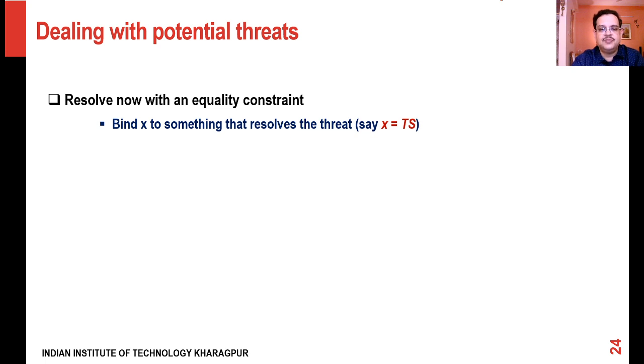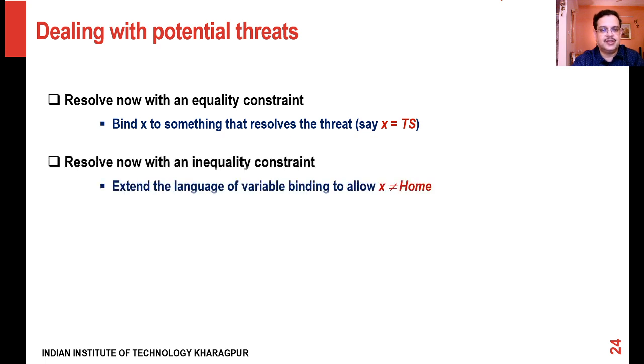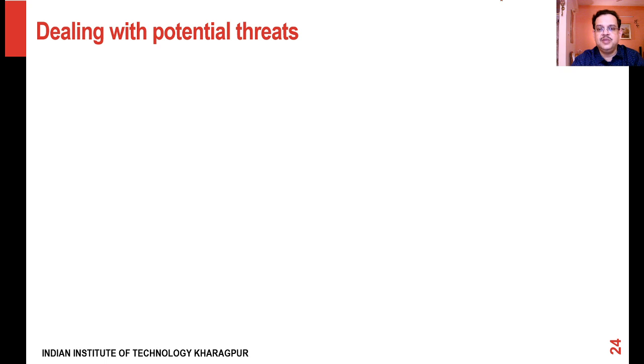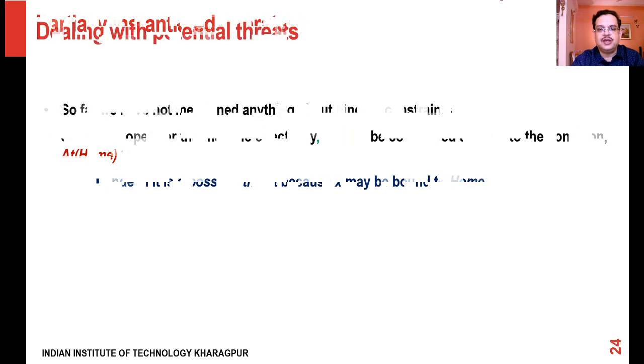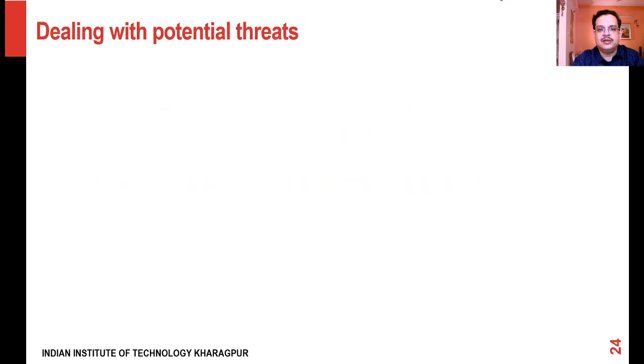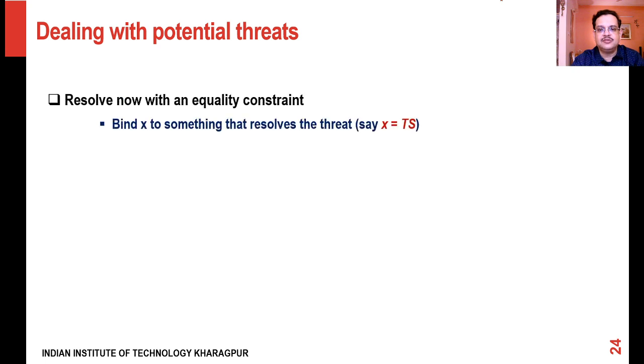So we simply don't let it remain uninstantiated, we just bind it to some constant which is there in our dictionary. Or we resolve now with an inequality constraint. So instead of letting it be like as we saw here, that we allowed it to be not at X or at X, we kind of say that, well, it's fine to have not at X as long as X is not home.